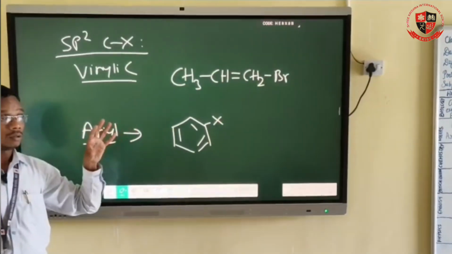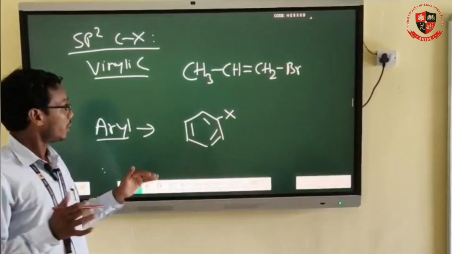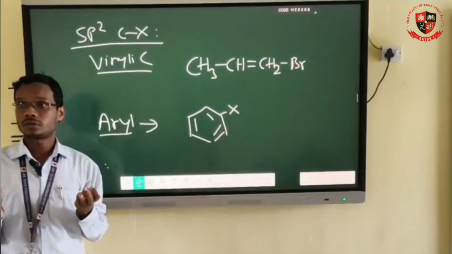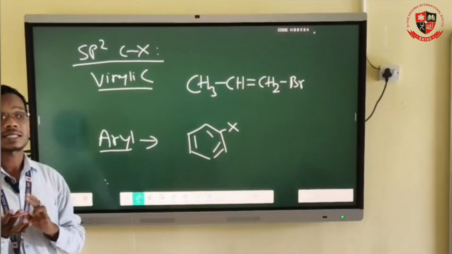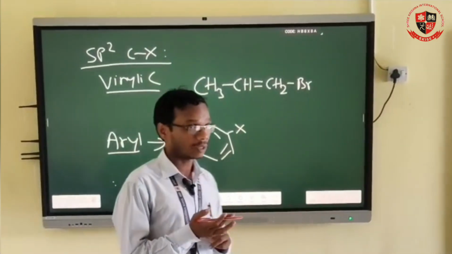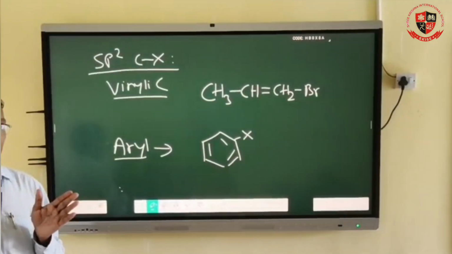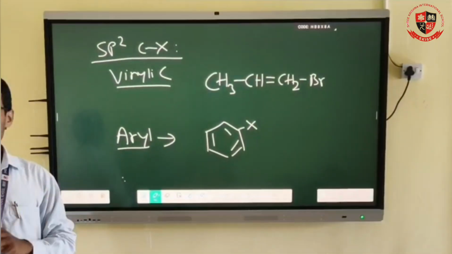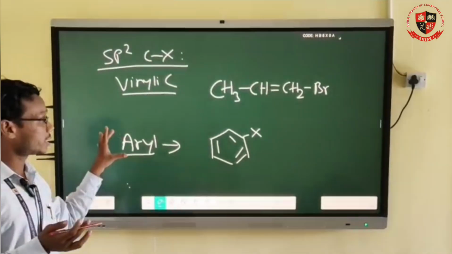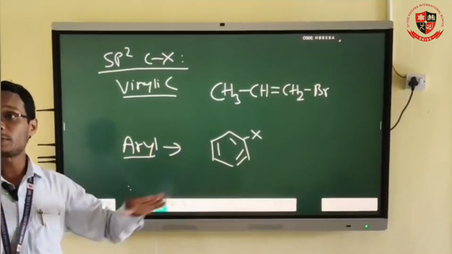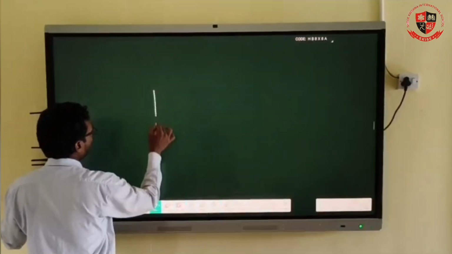So now you have the idea of the classification of haloalkanes and haloarenes. What are the groups? Say with me. First one is allylic. Second one is benzylic. Both of these are based on sp3 hybridization. Then the next one is vinylic and another one is aryl. These two are based on sp2 hybridization. Now my last question for you: what is the category of this compound?